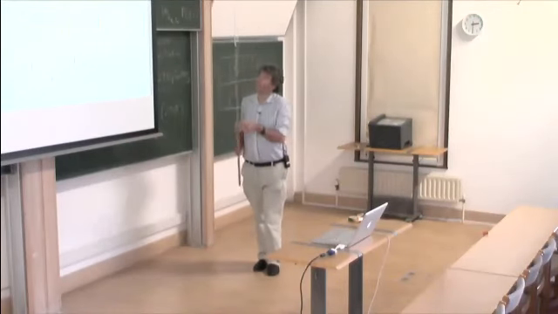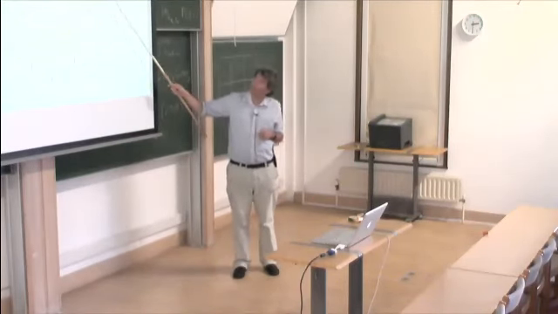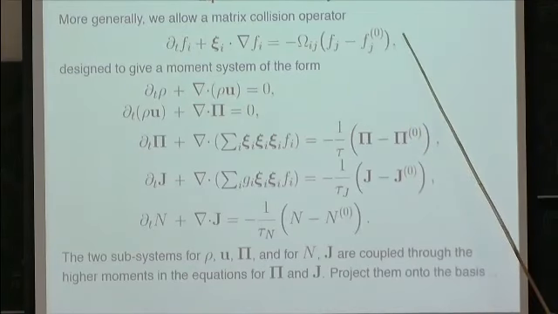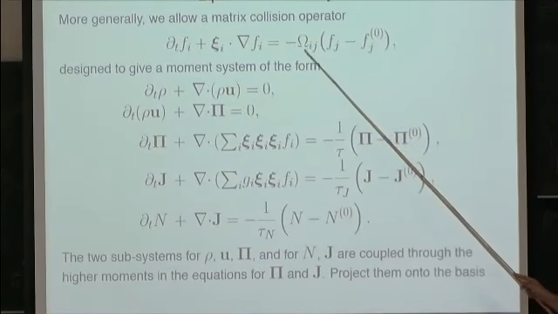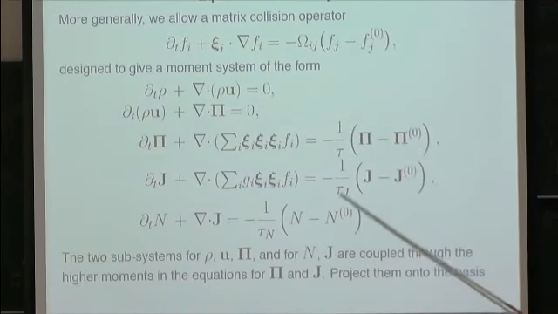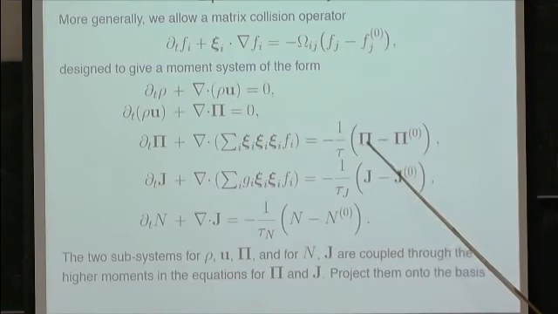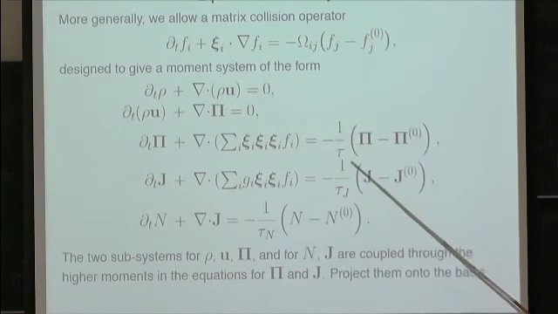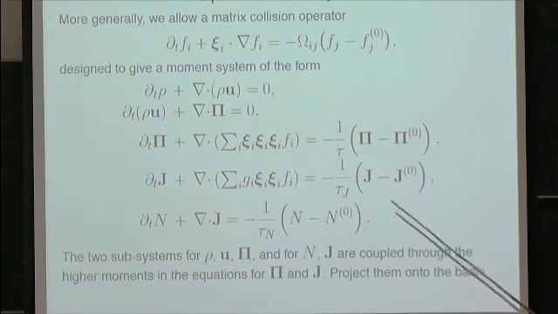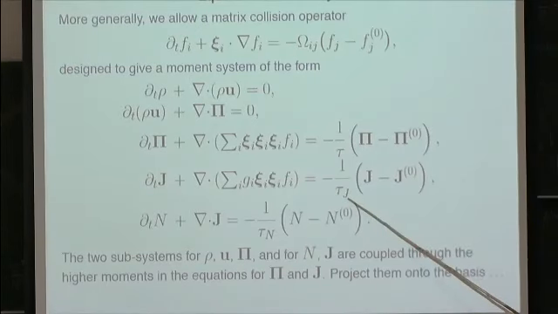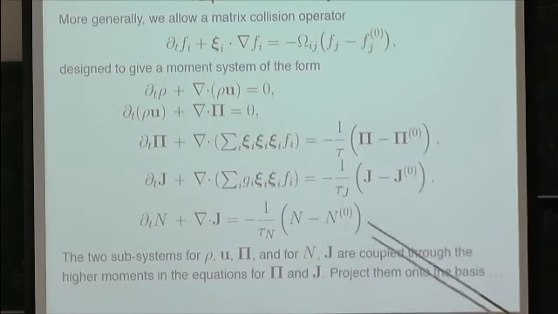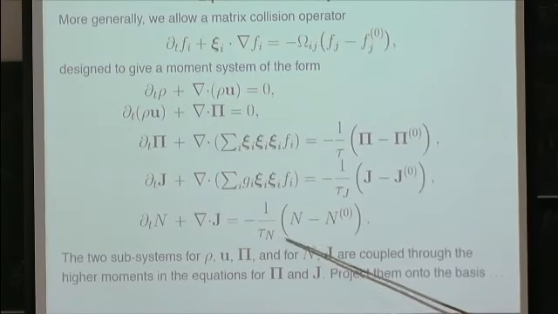So I'm going to extend a little bit and allow myself to have some matrix here. I have a matrix collision operator, but this matrix is designed so that the moment system I get decouples nicely. I've got my stress, momentum flux relaxing to equilibrium with some timescale tau, my j moment relaxing with a different timescale tau j, and my n with yet another timescale, tau n.